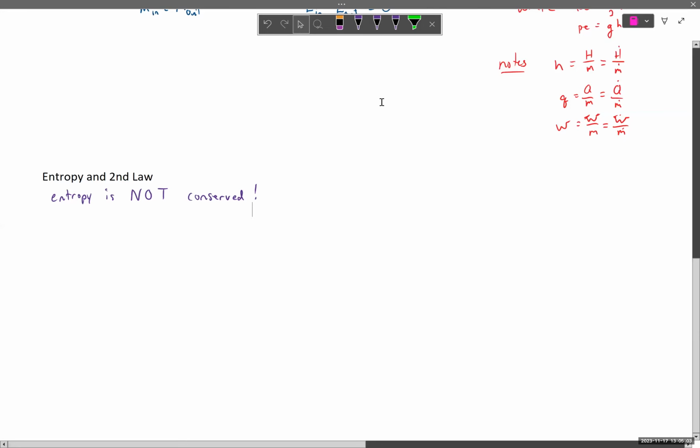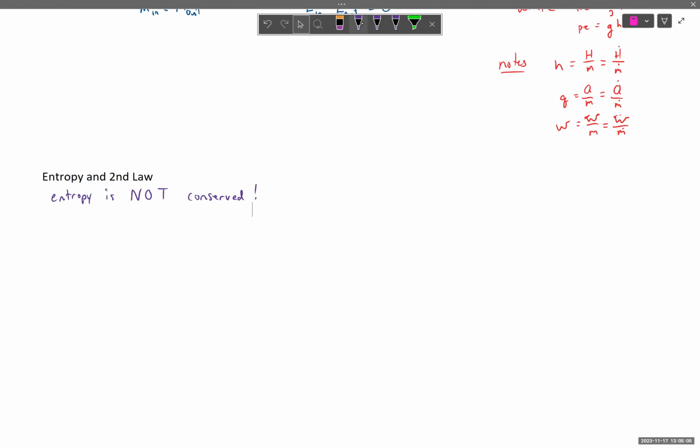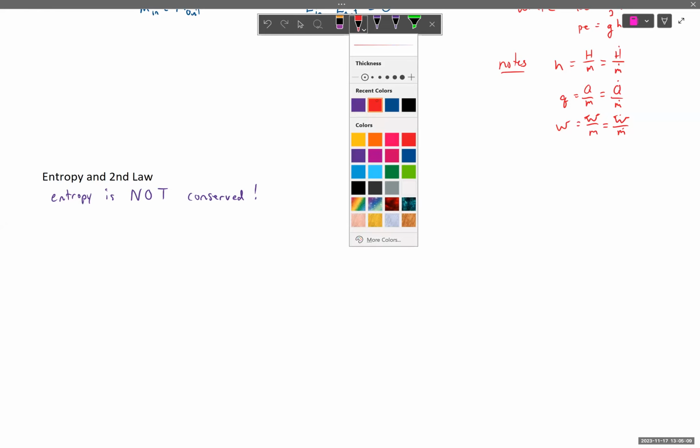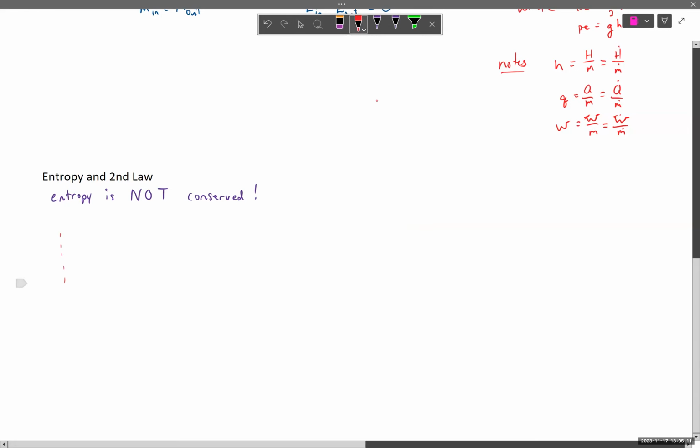And in a nutshell, what we talked about was, well, I've got this larger system boundary. I'm going to talk about an isolated system.